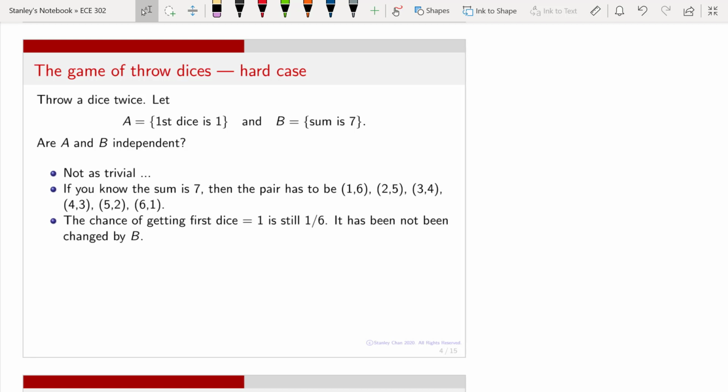Here, event A has definitely some influence on event B, because if the first dice is 1, you do have limitation on what options you can get for the second dice if event B says that the sum is 7. Vice versa, if you know that the sum is 7, there are really limited options for the first dice to be 1.